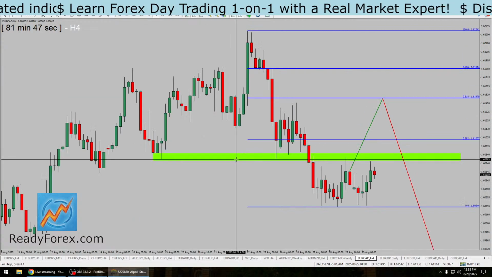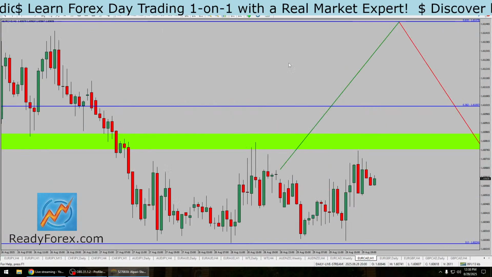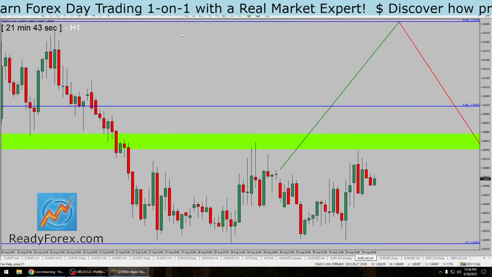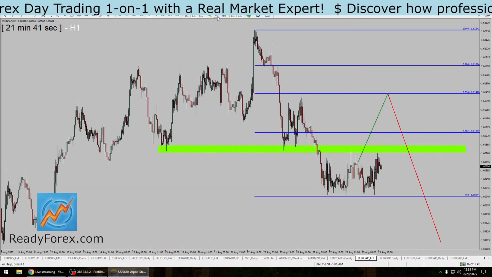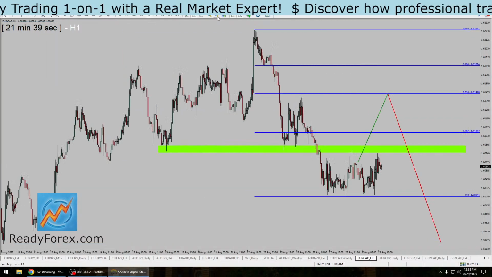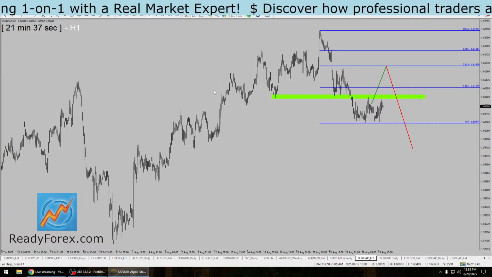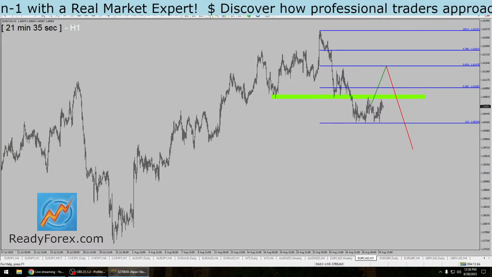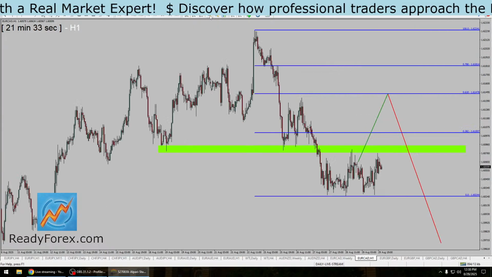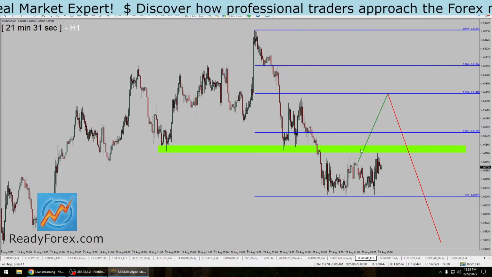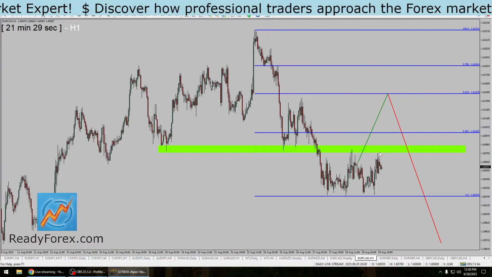This was the support. So the way I see market is probably going up first inside EURUSD currency pair. So wait for a bullish leg first, and then we can look for a potential sell trade in EURUSD currency pair.